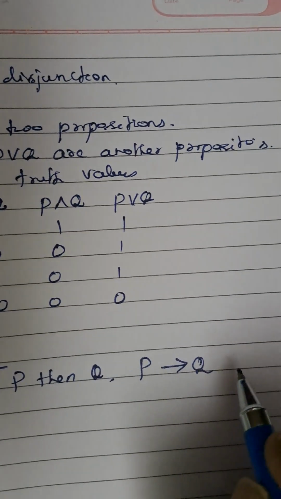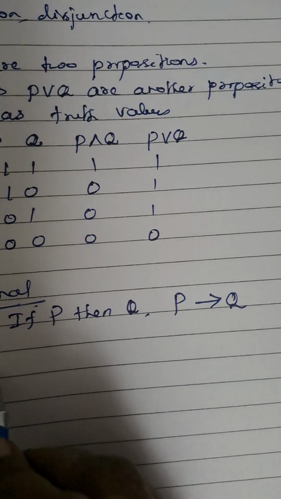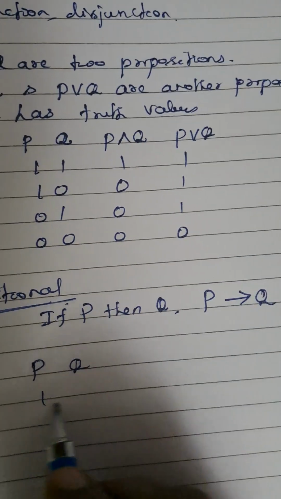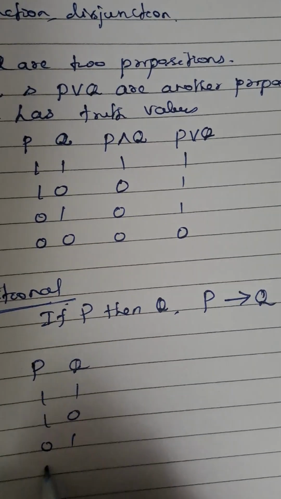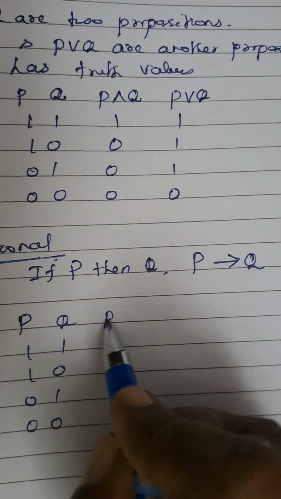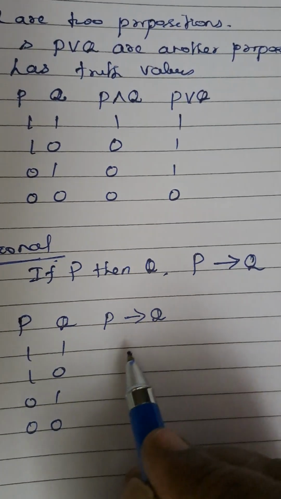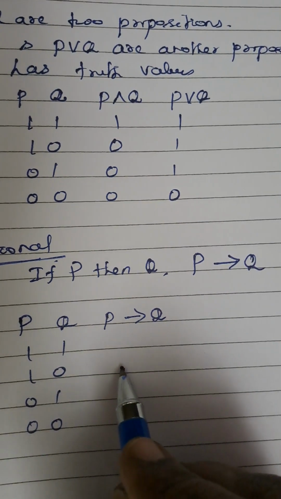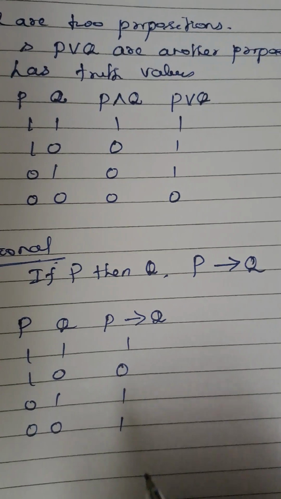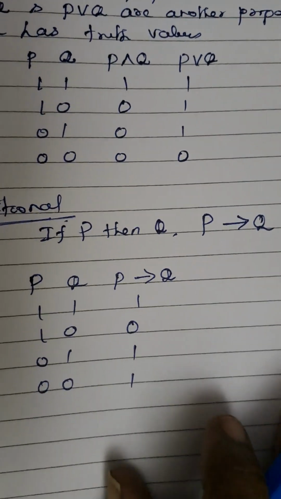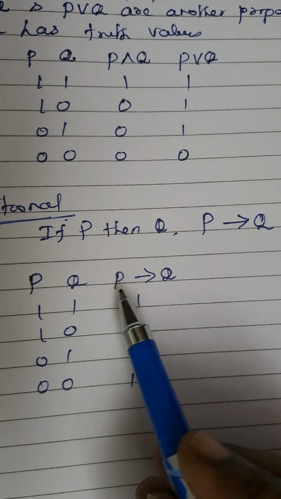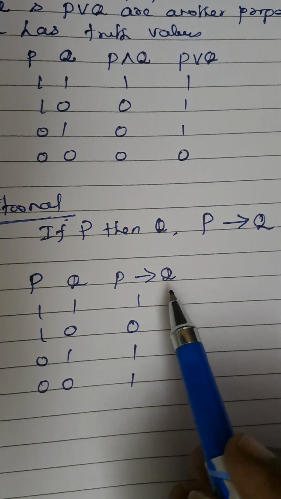This is also another proposition with the truth value, P Q: 1 1, 1 0, 0 1, 0 0. P implies Q is 0 for 1 0, and 1 for all others. I explain here what the meaning is. If P happens, then Q happens.